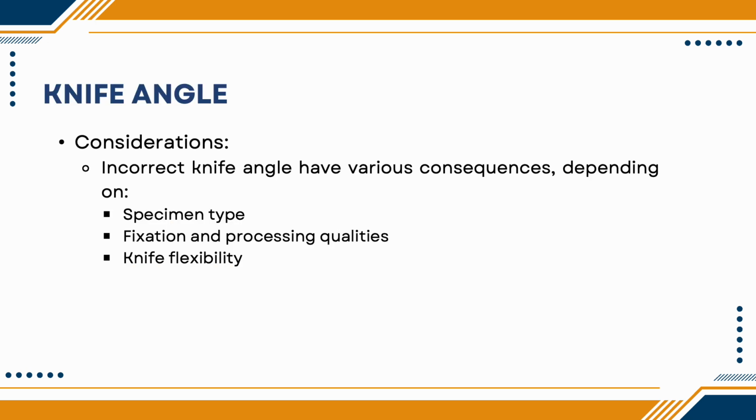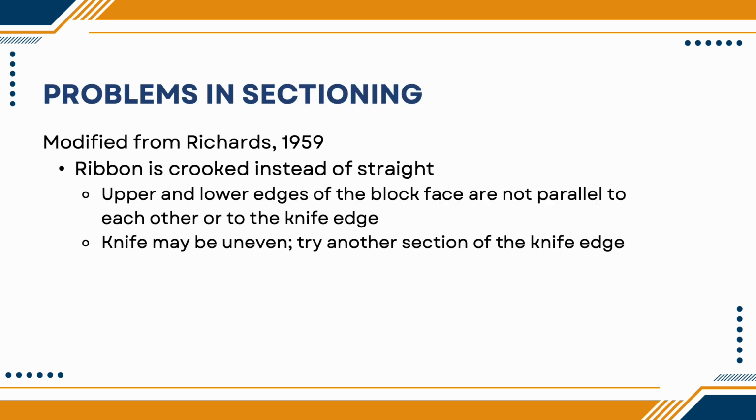So here are the considerations. Incorrect knife angle has various consequences depending on the specimen type, fixation and processing qualities, and the knife flexibility. This is taken from Richards but modified in the year 1959. So if the ribbon is crooked instead of straight, then the upper and lower edges of the block face are not parallel to each other or to the knife edge.